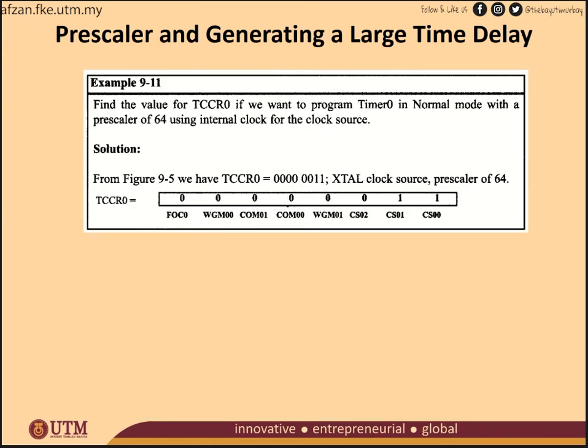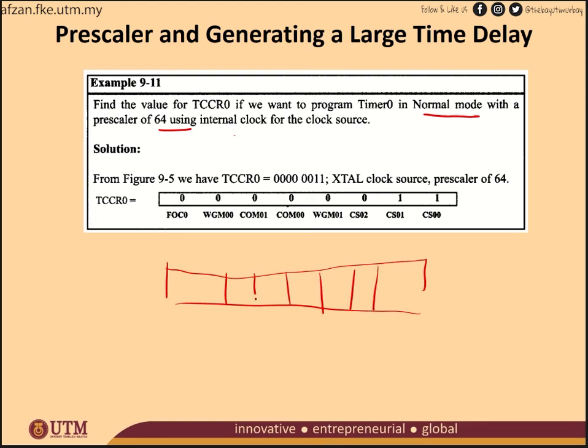Okay, so let's do another example here. Find the value for TCCR0 if you want to program timer 0 in normal mode with a prescale of 64, using the internal clock as the clock source. So again, this is your TCCR0, which consists of 8 bits.